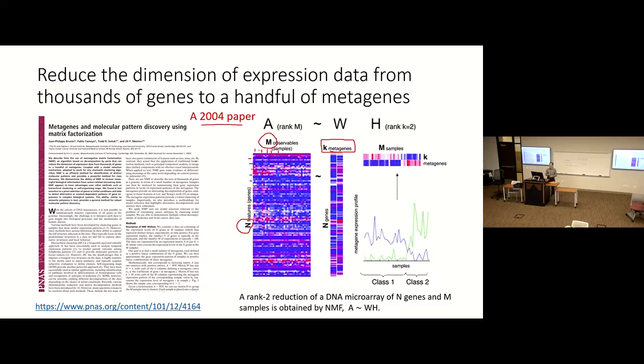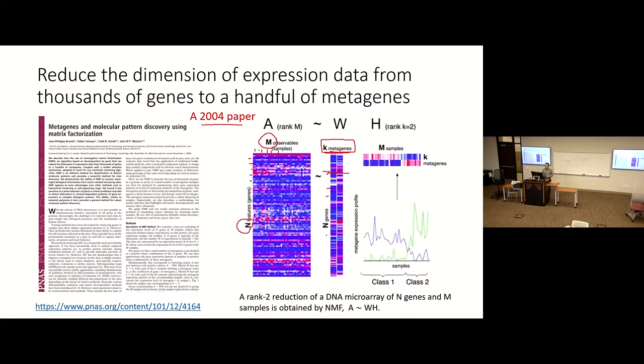In this case, we assume there are only 2 meta-genes from these n genes. The red indicates the genes by rows and how much they are involved in these 2 gene expression programs. If you look at a gene that is all purple, then this gene is involved equally in both programs.